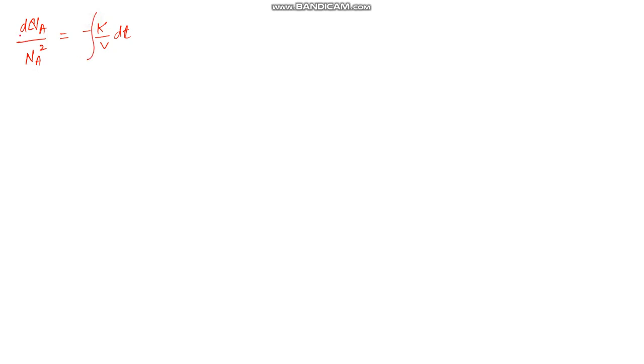Just take the integral of this side and this side. These limits are Na naught to Na, and 0 to t. Before we solve it, just take this Na square to the upper side, so it will be Na to the power minus 2. Why minus 2? Because it was positive 2 in the denominator.